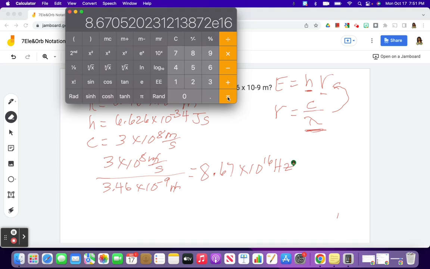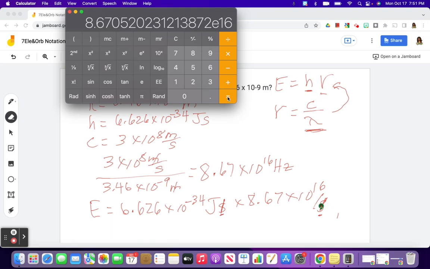Now that we have our frequency number, we could plug it into the energy equation. So Planck's constant times our hertz, which is 8.67 times 10 to the 16th. I'm going to just put per second so we can see the units cancel out. This seconds here on the bottom is going to cancel out with the seconds from Planck's number.